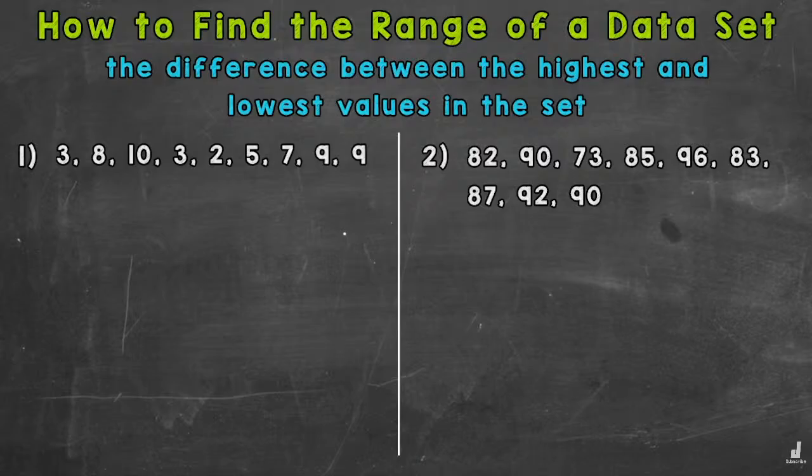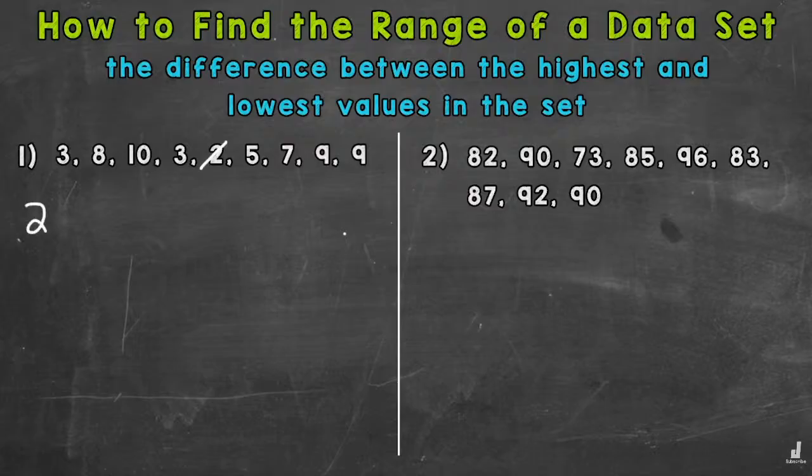So let's jump right in to number 1. For number 1, we have a data set that is out of order. The first thing we want to do is put it in order from least to greatest. That's going to help organize us and also make it much easier to calculate range once we get to that point. The lowest valued number within that set is 2.